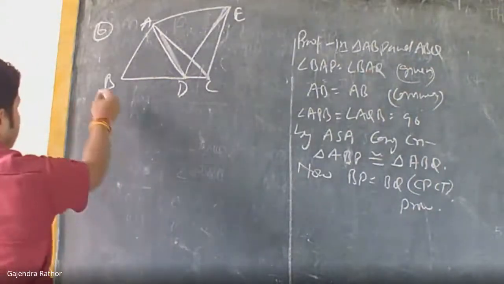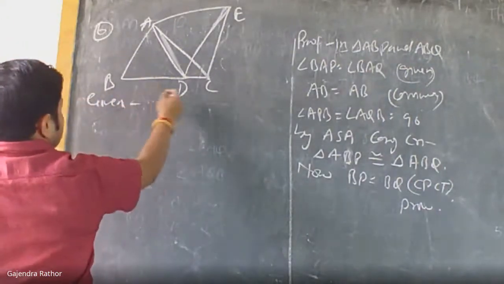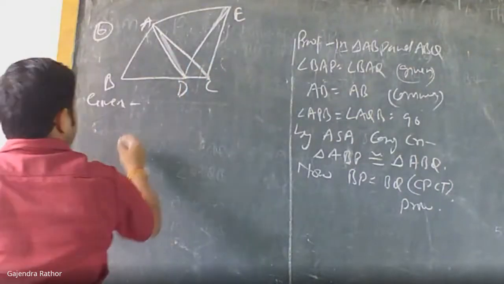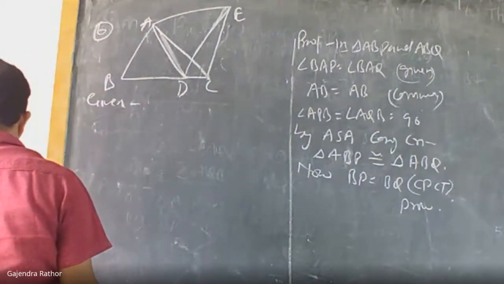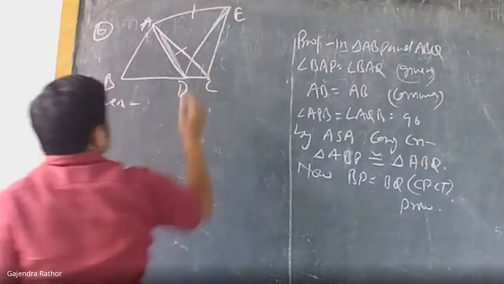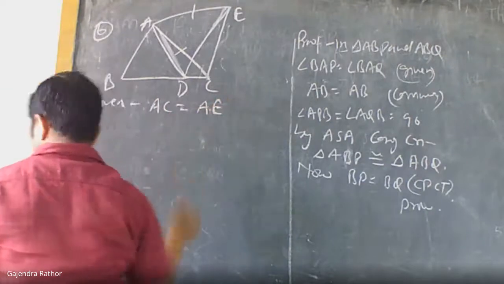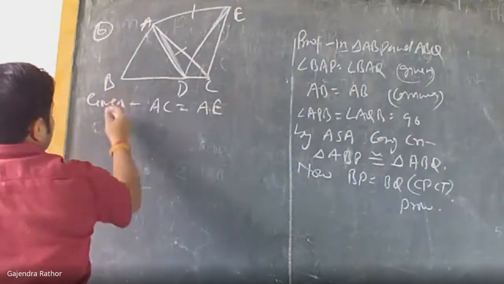Okay, first is given. What is given? AC is equal to AE. Second point, AB is equal to AD.